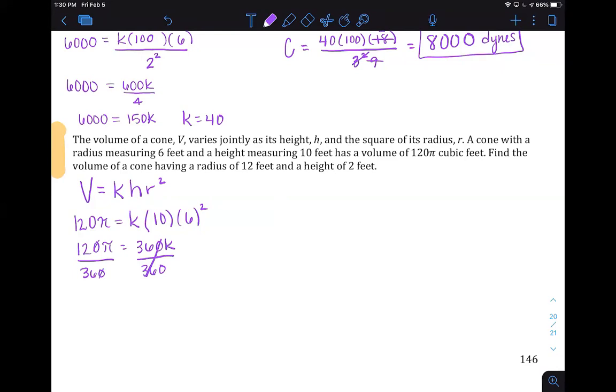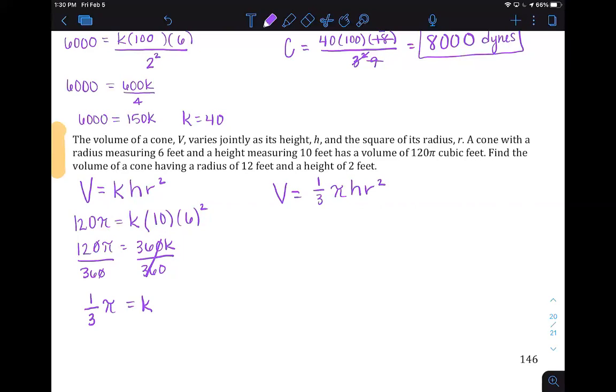More than that? 12. So this is actually 1/3 pi, our value for k. So our formula, volume equals 1/3 pi times the height times r squared, which is actually the volume formula for a cone.